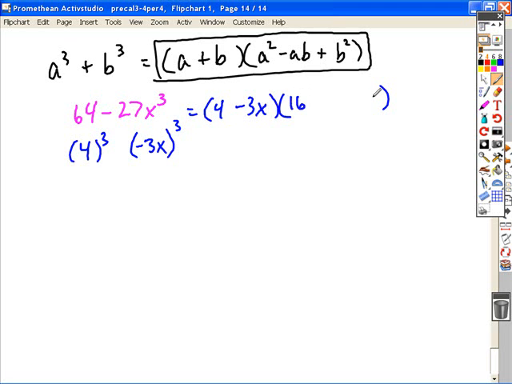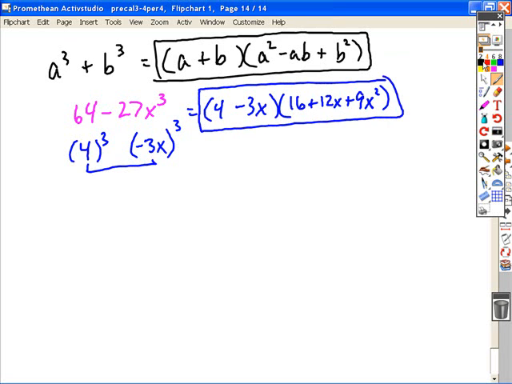Your last term is going to be the second base squared, so the quantity negative 3x squared is 9x squared. And then your middle term is simply going to be the opposite of this product. So 4 times a negative 3x is negative 12x. Change that sign, it becomes a positive 12x.